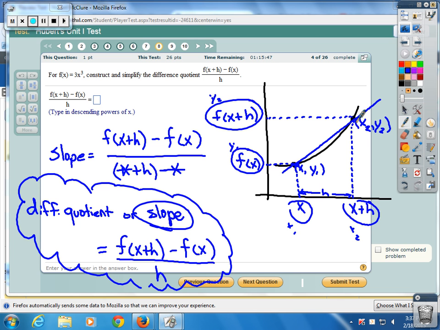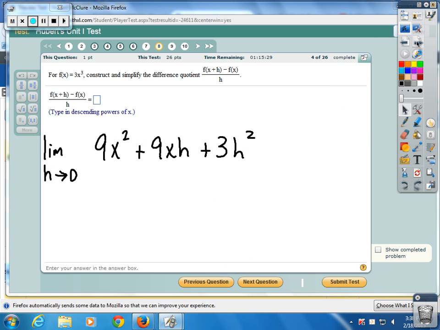So this secant line turns into a tangent line, which basically is, okay? Now that's going to be talked about in calculus, okay? Now, go back to the equation.